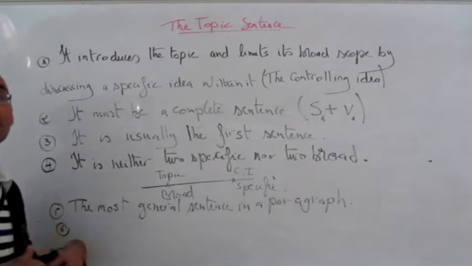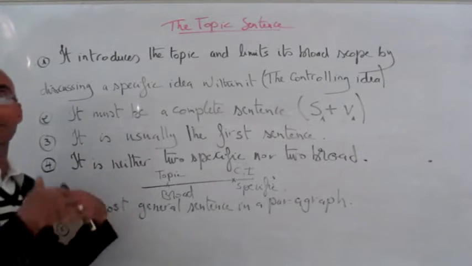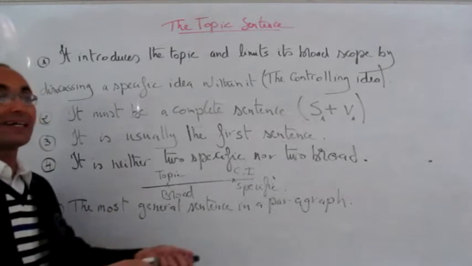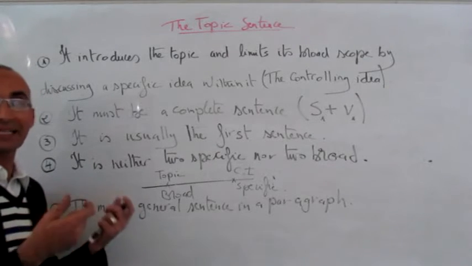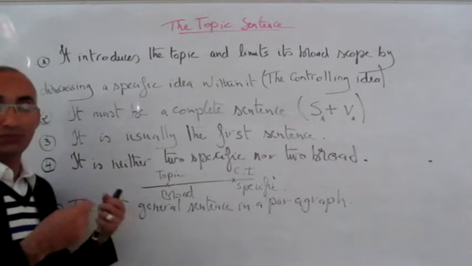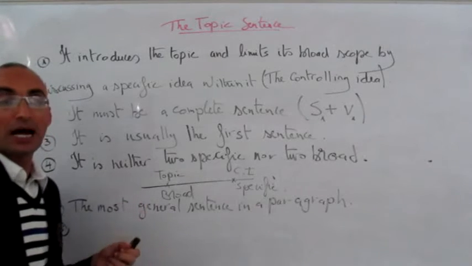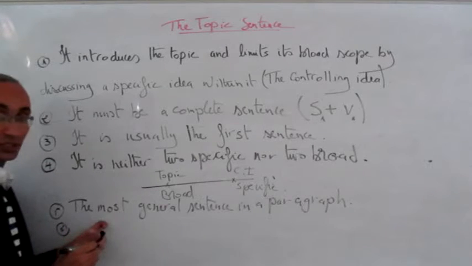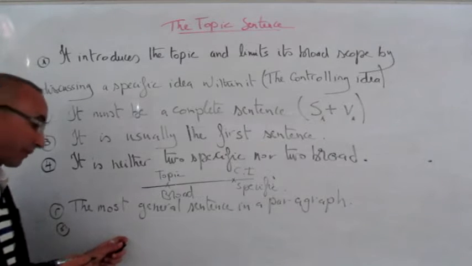We are supposed to inform the reader about the topic discussed in the paragraph. We must introduce, we must inform, rather than ask questions. And as you know, we have to be direct and explicit as much as we can, and avoid that indirect way of introducing our topic. So, yes, a question is possible, but it is not recommended.